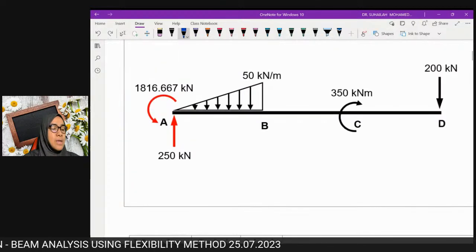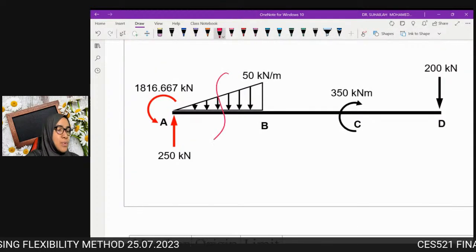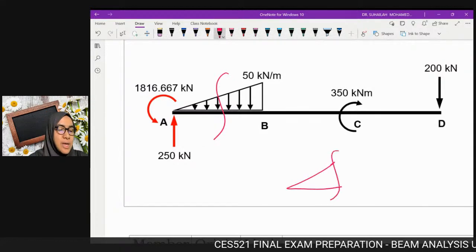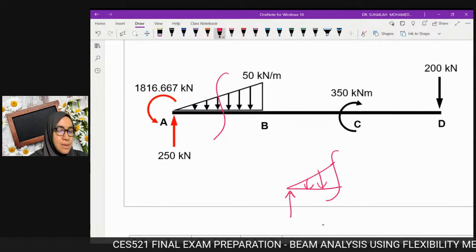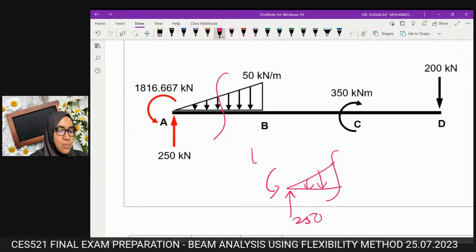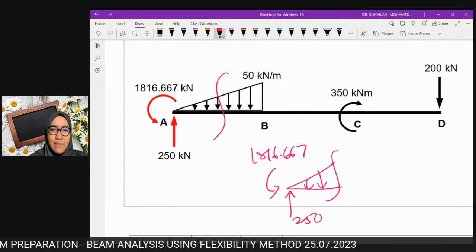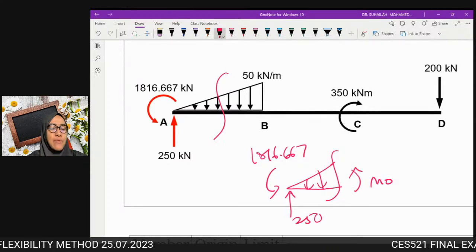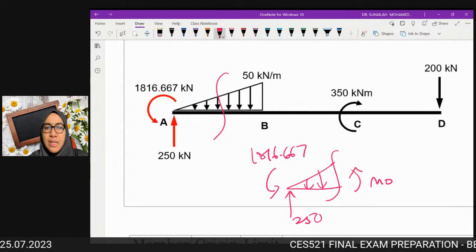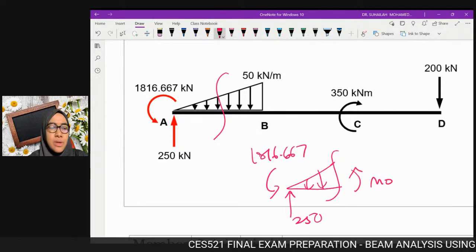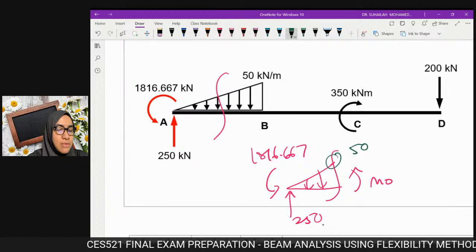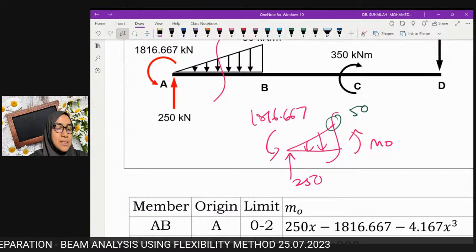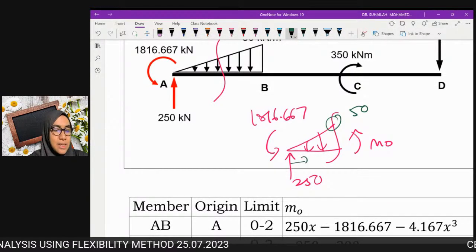When we want to write this equation, the cutting section that we should consider is this. This is 250, this is 1816.667, and then the moment is this M naught. For the triangular load, this is not 50, because the distance is now x.